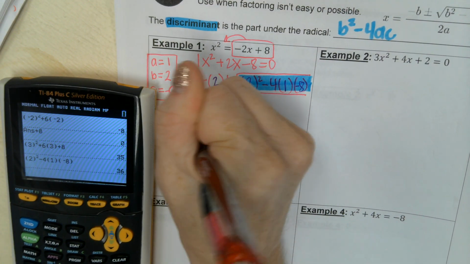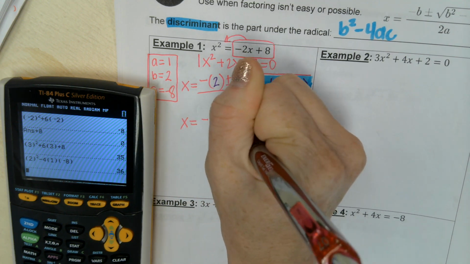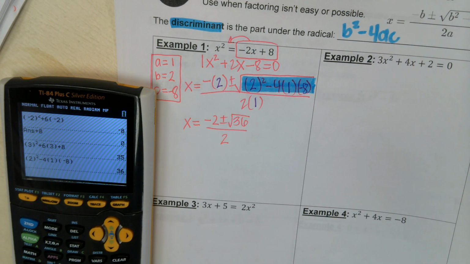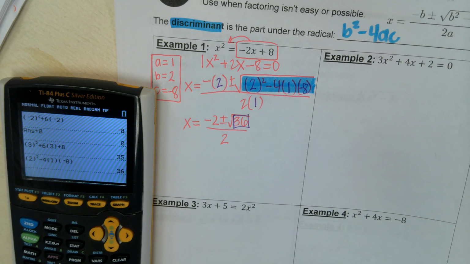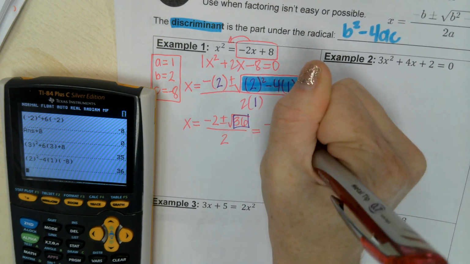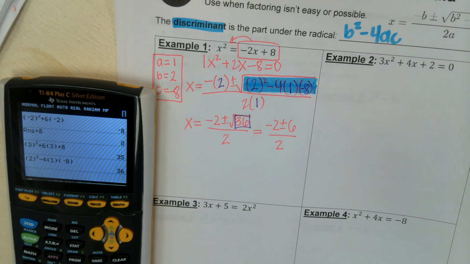So this simplifies to negative 2 plus or minus the square root of 36 over 2. What do we know about 36? Perfect square, okay? So let's see. Negative 2 plus or minus 6 over 2.